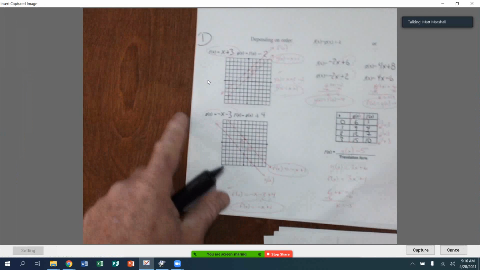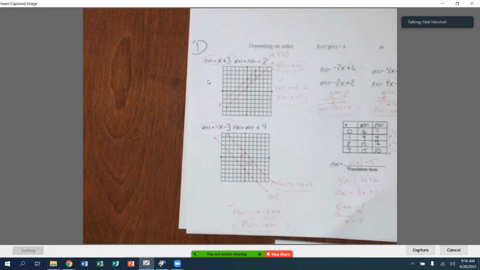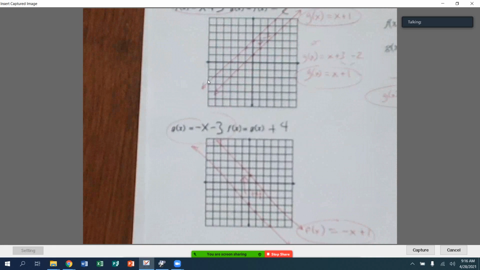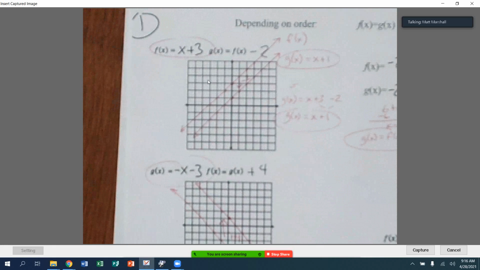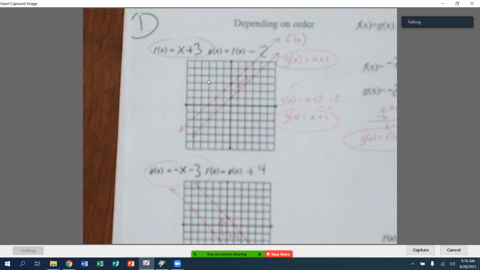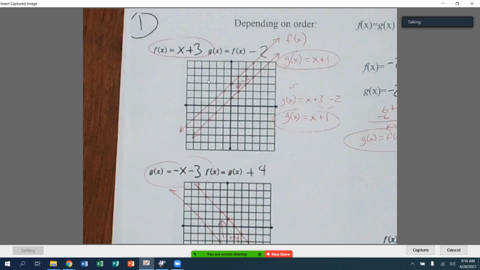All right, here we go. Hopefully this is in focus. The only thing I'm really looking for is for number 1, this equation for g of x. g of x is x plus 1. If they got that, that one's good. If they didn't, mark it wrong. That's what I'm looking for.